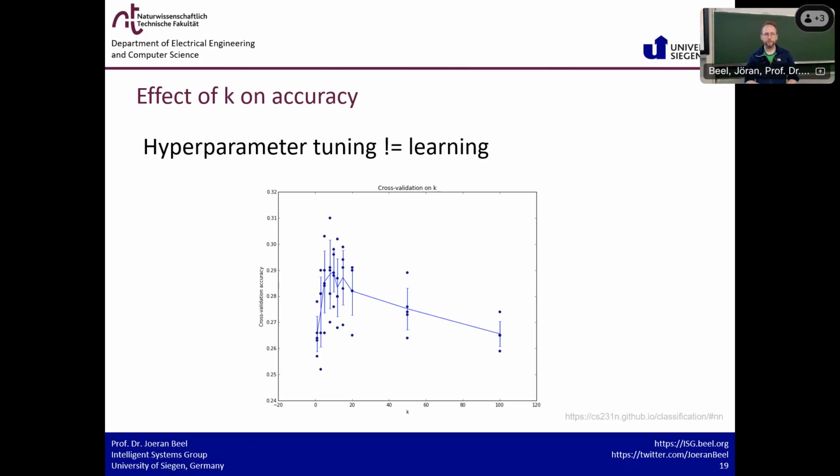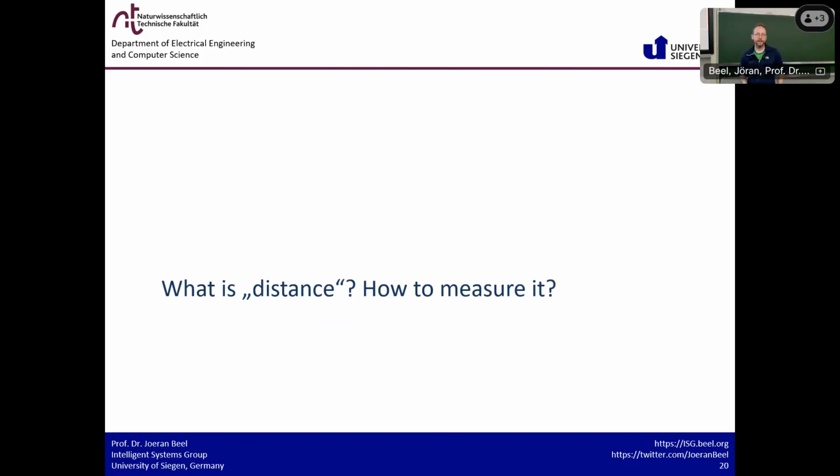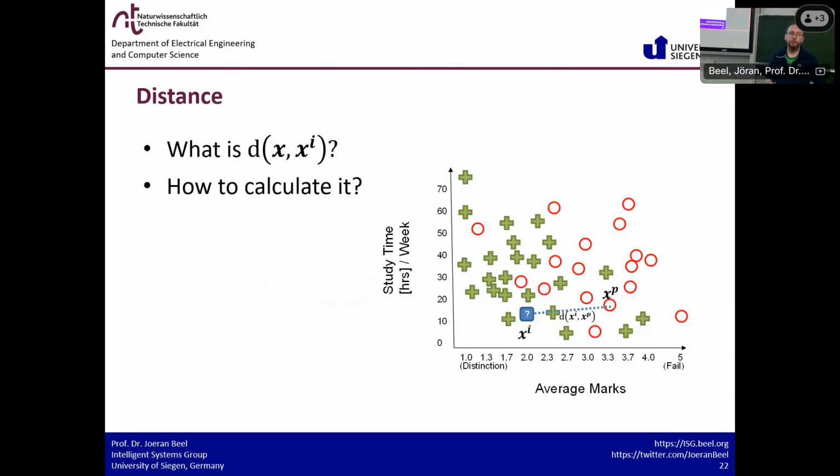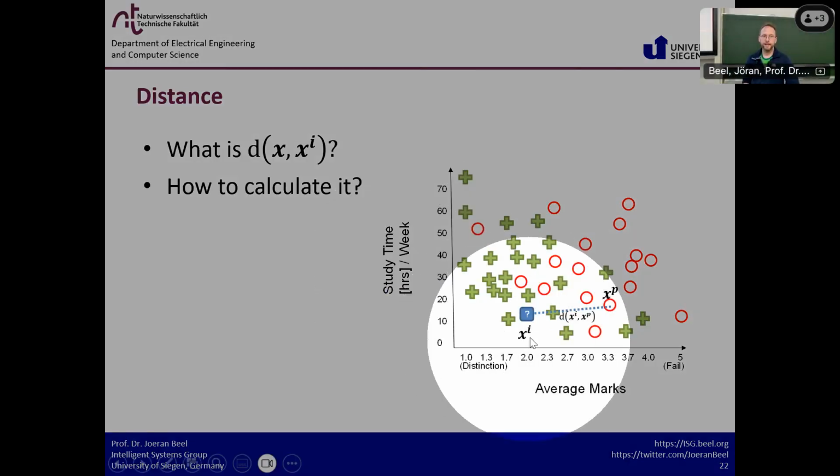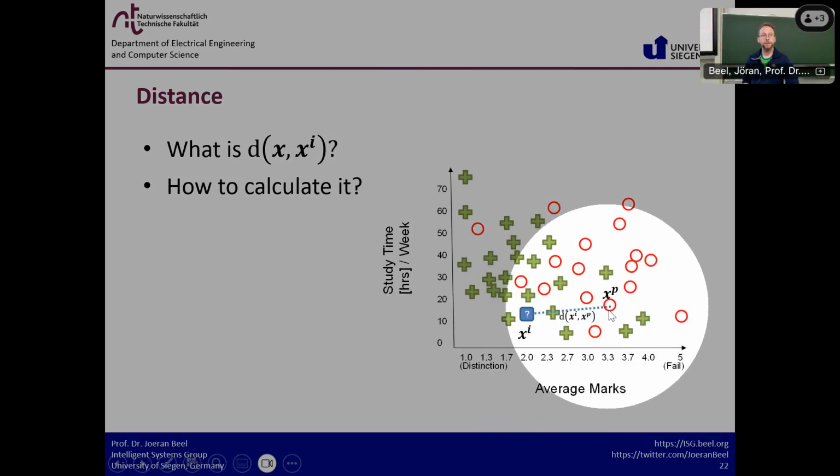Okay. So what K should we choose? The one that performs best on some training or on some test data. The next question is, what is distance and how to measure it? So we have our instance xi, and we want to measure the distance to a different point xp.